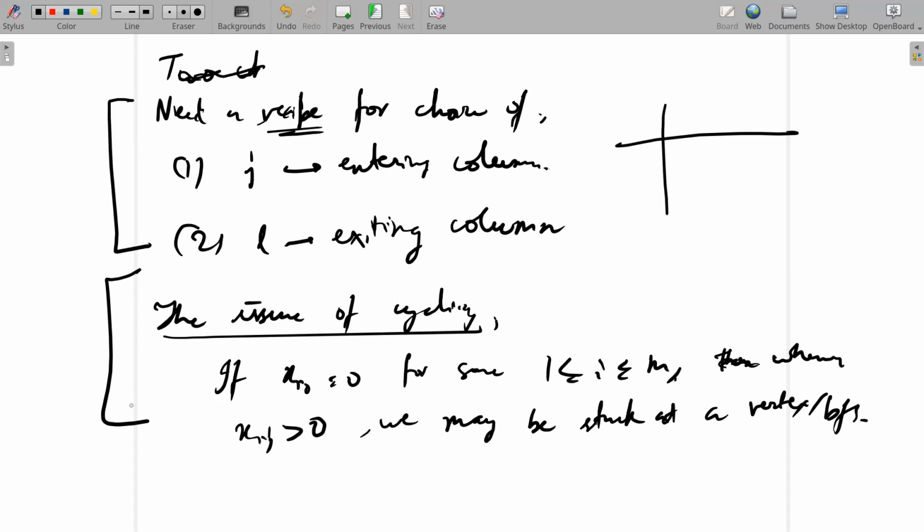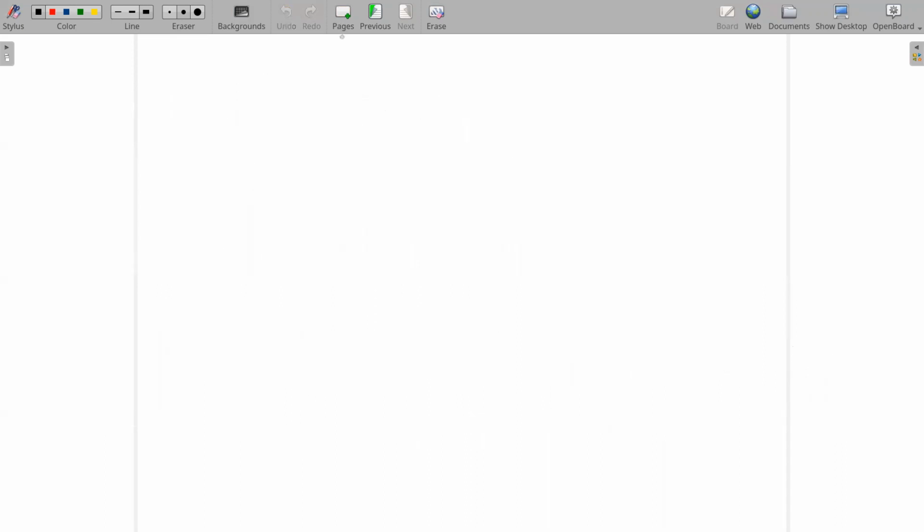There's one strategy that we will use. It will not only give us a recipe to figure out how to make a choice of the entering column and the exiting column, but it will also solve this issue of cycling.